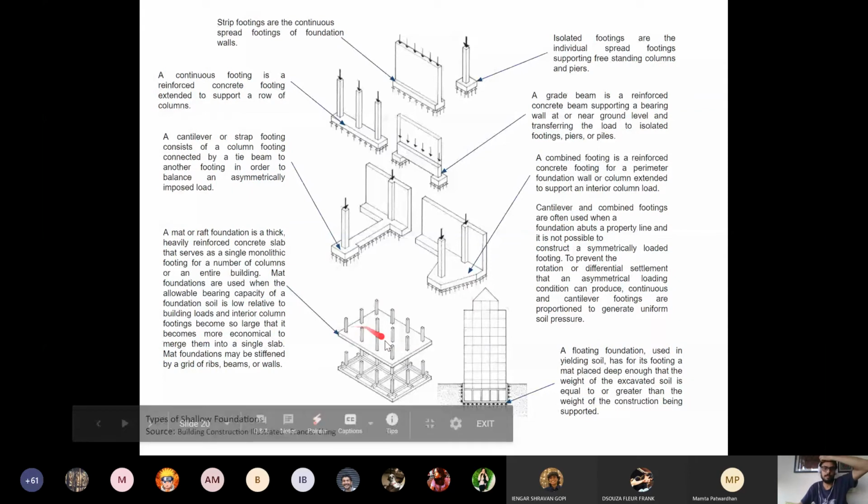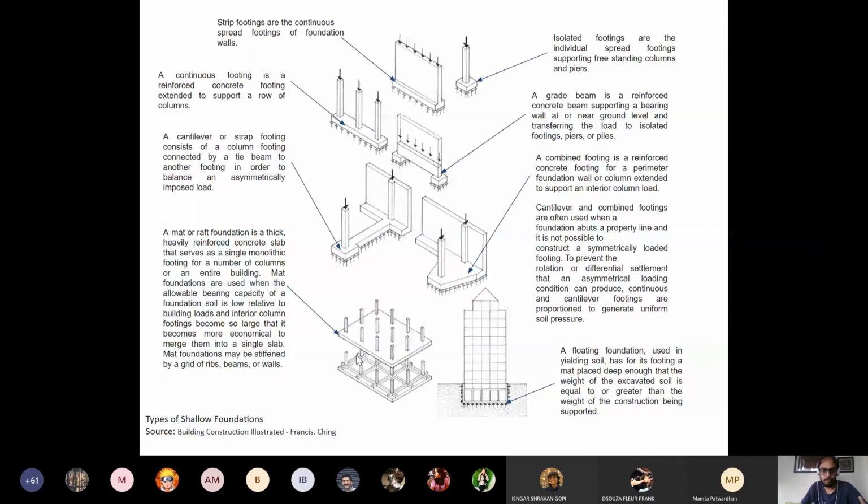Mat foundations are used when the allowable bearing capacity of the foundation soil is low relative to the loads, and interior column footings become so large that it becomes more economical to merge them into a single slab. Suppose I have many columns and the spread area requirement of each column becomes so large that they start to intersect. Might as well do a raft. That takes care of everything.